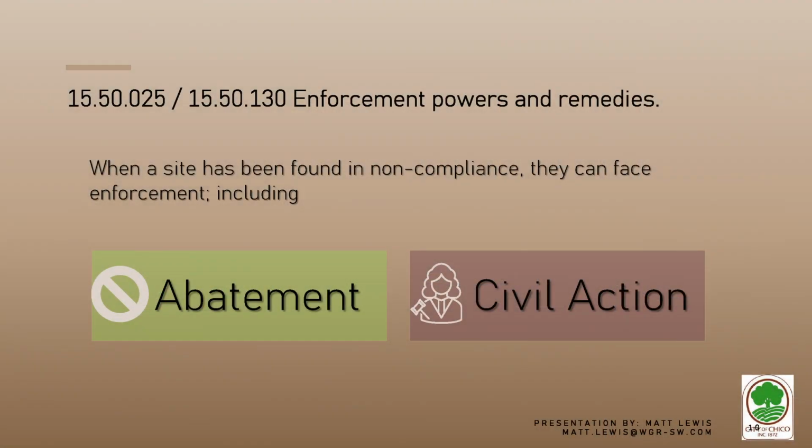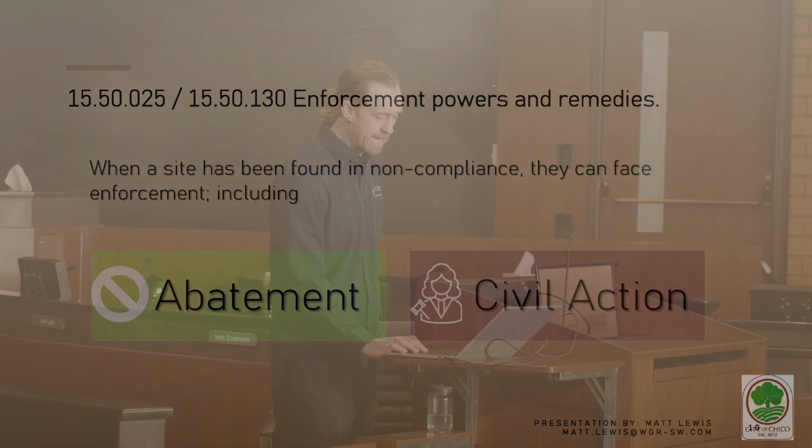When a site is found in non-compliance, it can face enforcement, including abatement and civil action. Abatement is generally when the inspector has the authority to command the discharger to reduce, decrease, alleviate, mitigate, or stop altogether their activities. Civil action is when the city has the authority to levy a fine against the discharger for compensatory damages.